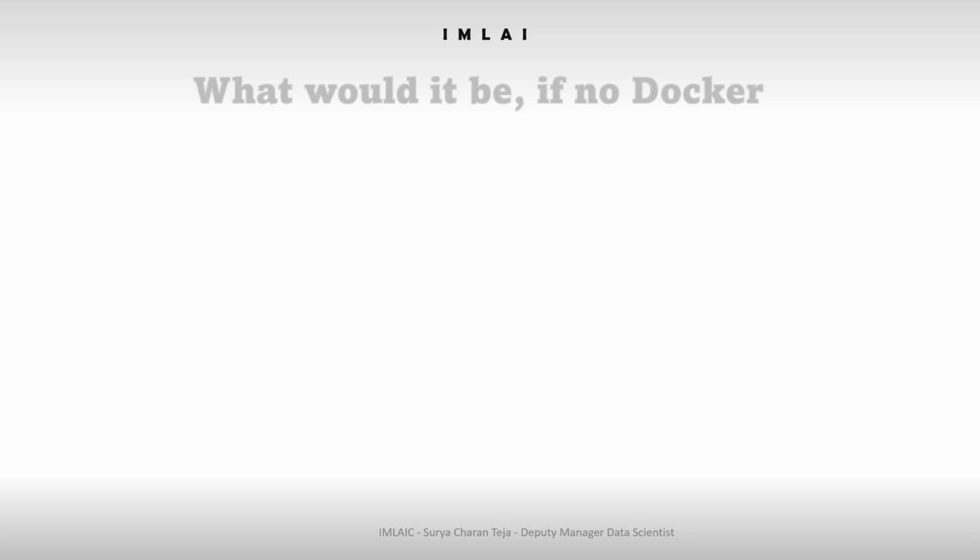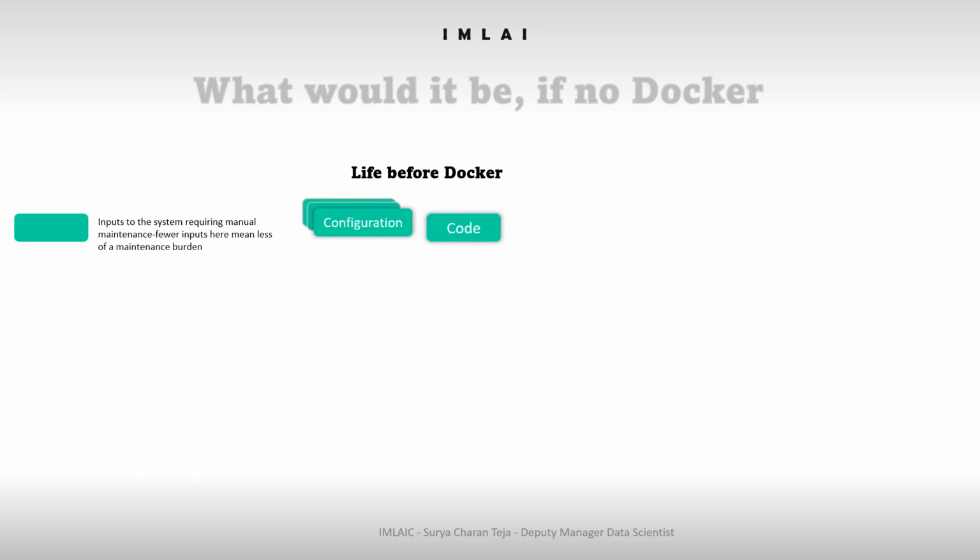Before we look into the hypothetical scenario of what it would be if there is no Docker, let's understand the parameters that bring the differentiation between life before Docker and life after Docker.